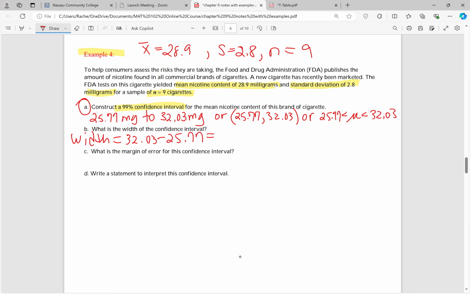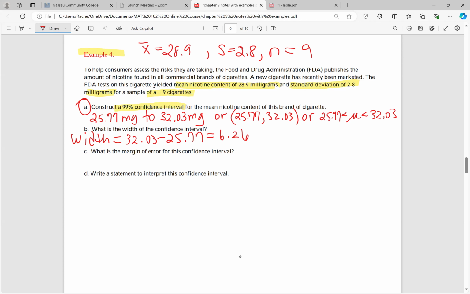So it's going to be 32.03 minus 25.77. So the width is 6.26. That's how wide it is.